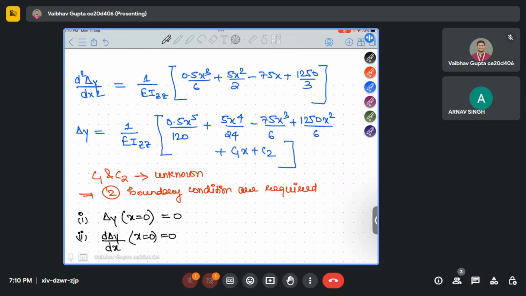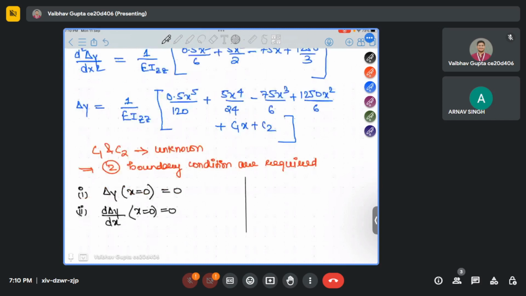See, I'll tell you something which you have to remember always. These are truths. Deflection and slope are 0 at fixed support.